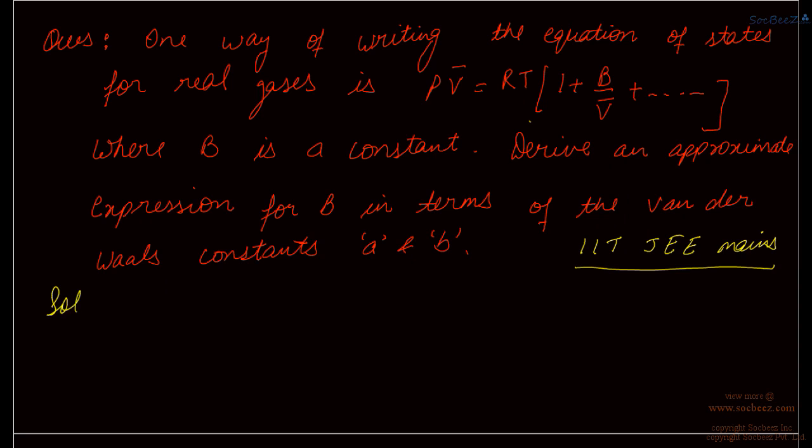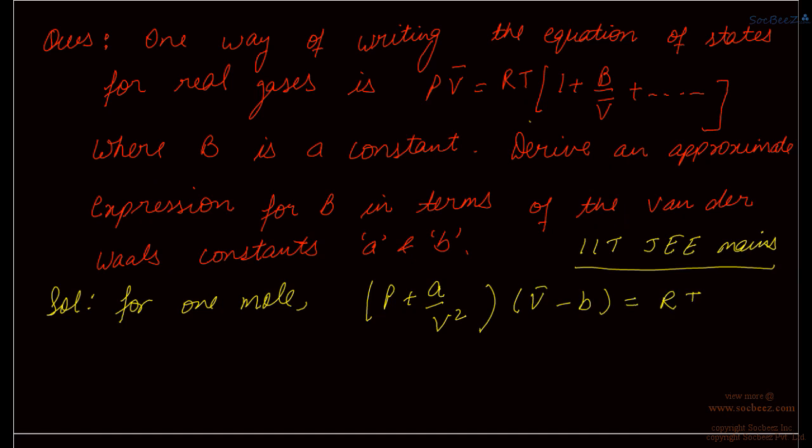So we know the van der Waals equation for one mole is P plus a upon V square, into V minus b, equals RT. So from here we get P plus a upon V bar square equals RT upon V bar minus b.